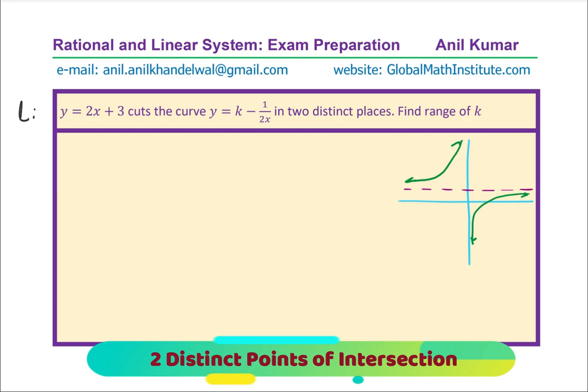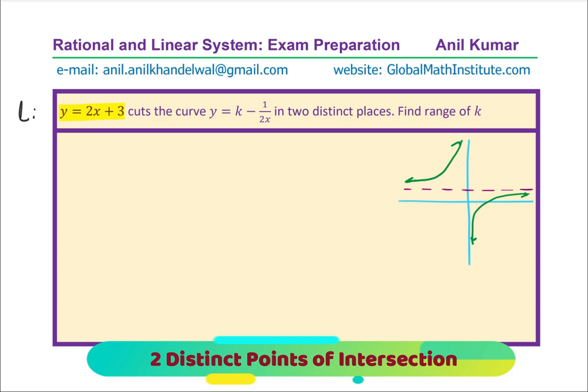Now, we are talking about a line which is y equals 2x plus 3. So y equals 2x plus 3 will have y-intercept at 3, right? And we want this to have two distinct places where it cuts the graph. Clear?